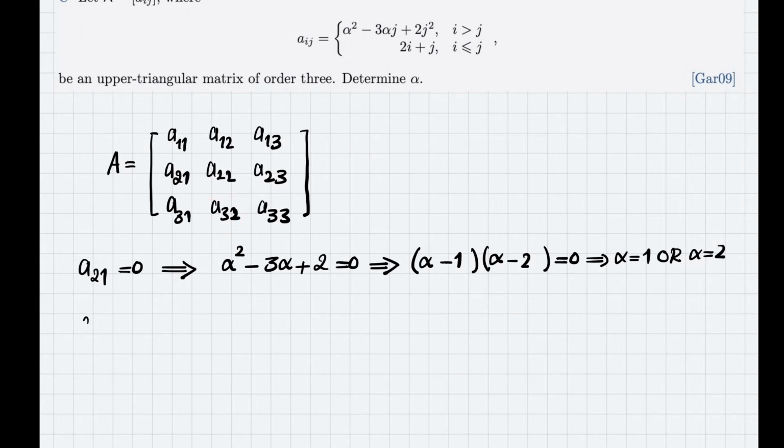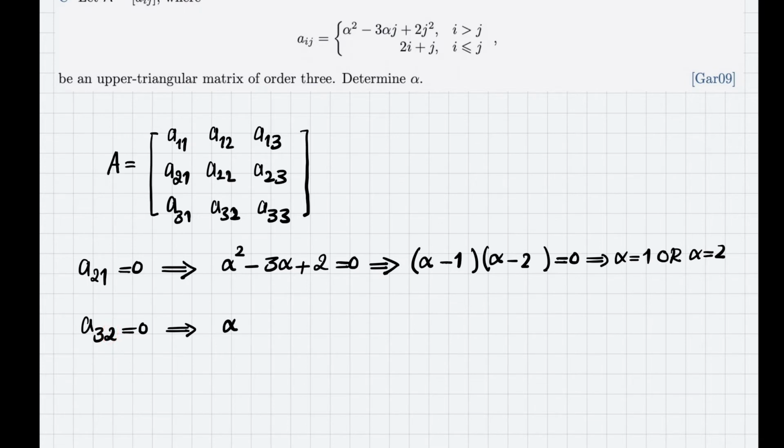So I will have A32 equal to 0. Here again, this is the i index, this is the j index, so the i index is still greater than the j index. So what I need to do, I need to go here and replace the j value with the j index, which is 2 in this case, and equate it to 0.